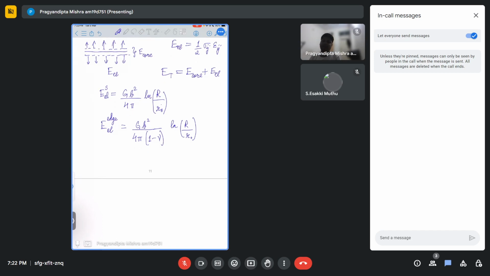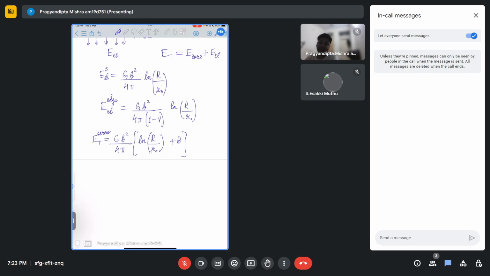Now let's say I represent my core energy as equal to G b squared by 4 pi times some B. So my total energy for screw would look something like G b squared by 4 pi times ln of R by R naught plus B. This is my total energy for screw. Similarly, I can write the total energy for edge also.